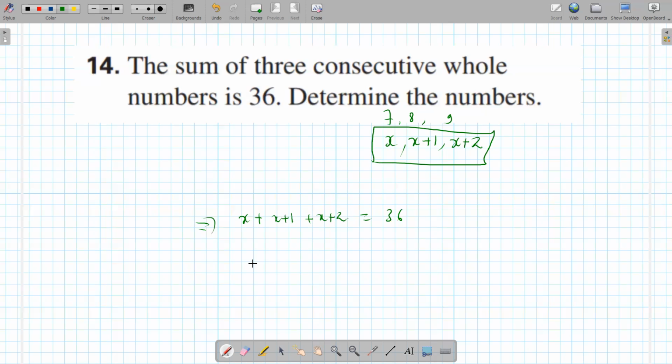Now, how do we solve this equation? We have to clean this up. Are there any like terms on the left side? Yes. Okay, so add them up. What do we get?